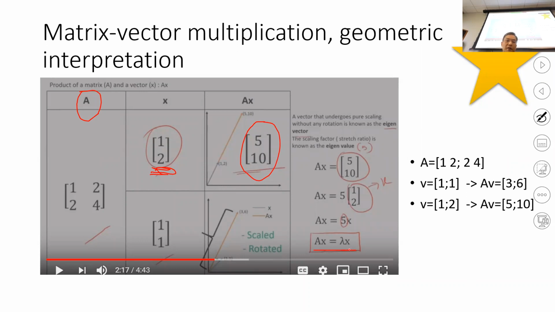The scaling factor lambda is the eigenvalue, and x, this particular vector, which will not change direction after you apply the operator A, is A's eigenvector.